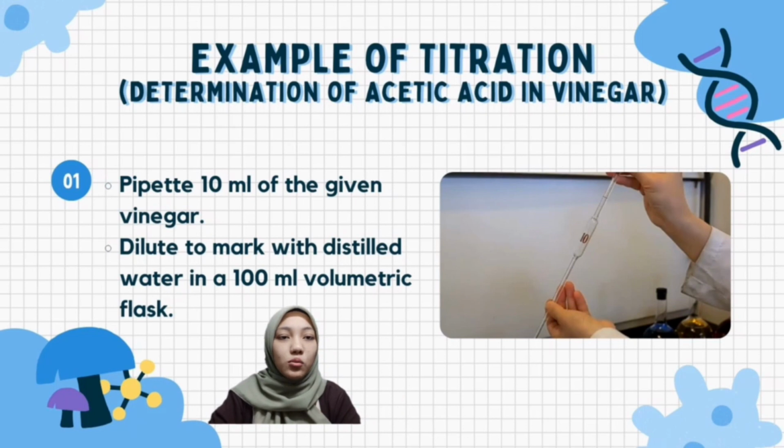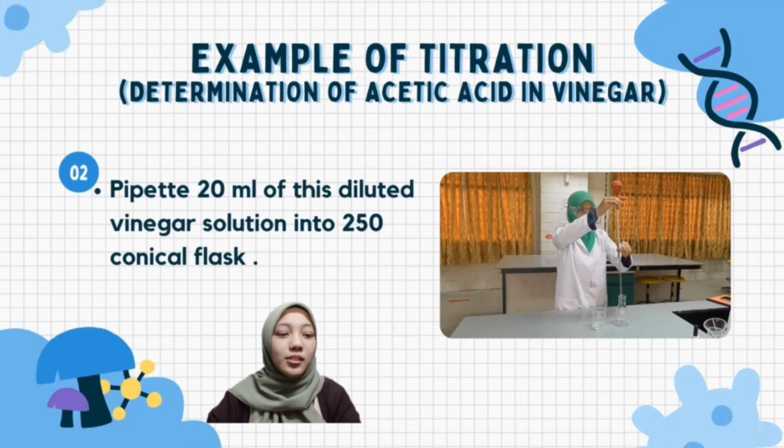We need to record the type of vinegar before starting the experiment. Next, we need to dilute it with distilled water in a 100 ml volumetric flask. And then we need to pipette 20 ml of this diluted vinegar solution into a 250 ml conical flask.